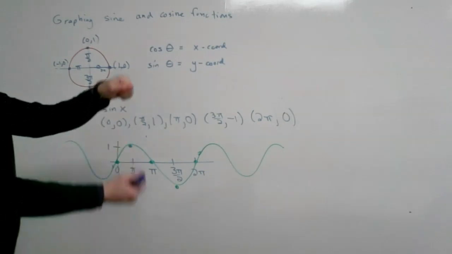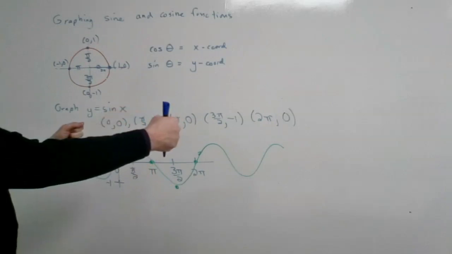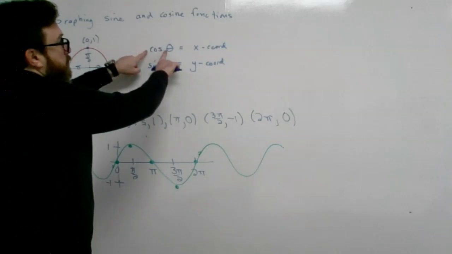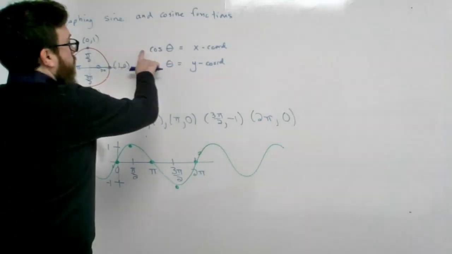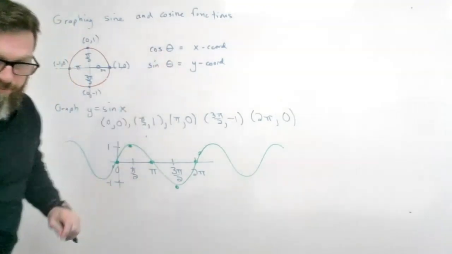So we can stretch it, we can compress it vertically, we can stretch it, we can also compress it horizontally. And that's done by putting constants in the front of the cosine function or the sine function or in front of the angles.